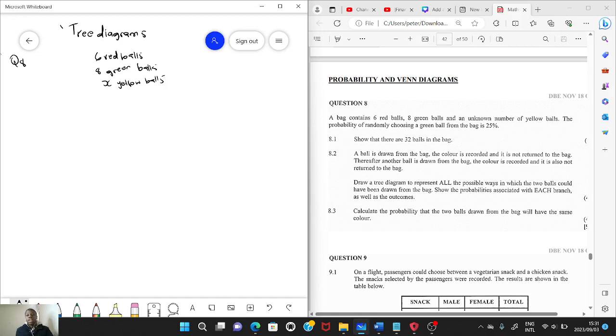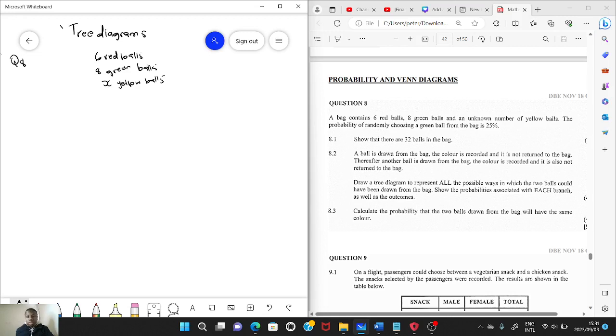We were told that the probability of randomly choosing a green ball from the bag is 25%, meaning the green balls constitute 25% of the balls in the bag.